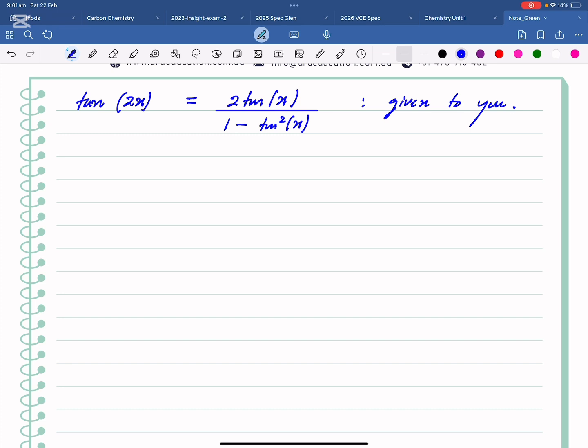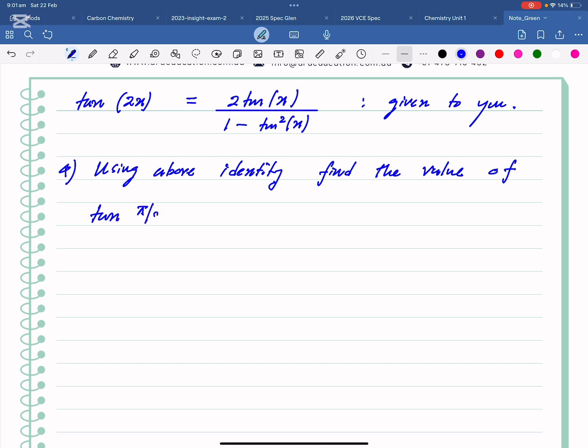So, right. We'll do a question here. Using the above identity, find the value of tan pi divided by 8.